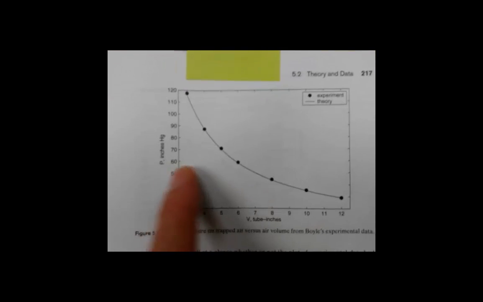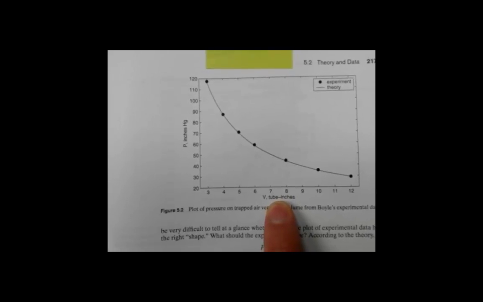I've got another chart over here, and you can see some common features. Again, we've got a y and an x-axis. The y-axis has both a label, P, and a unit in inches of mercury, and the x-axis has a label and a unit. The data points, which are the experiment in this graph, are symbols.